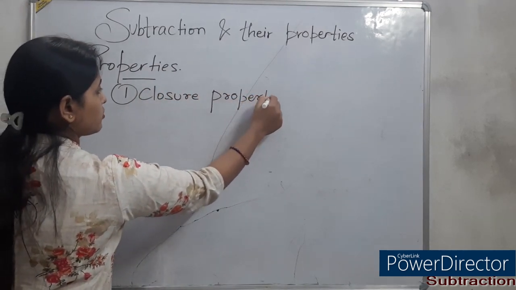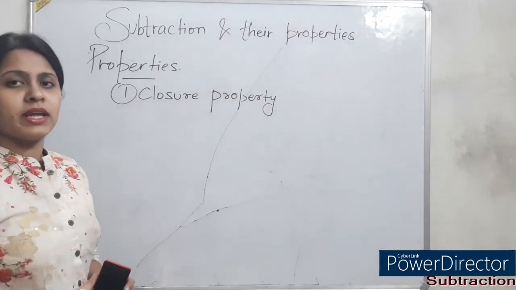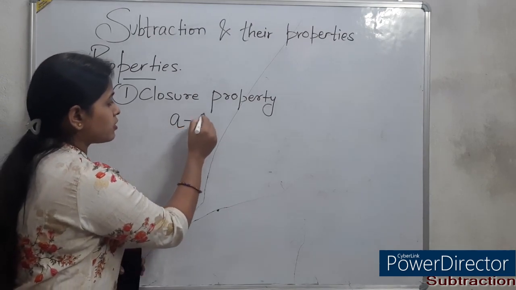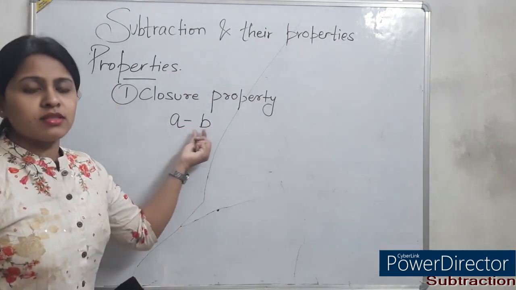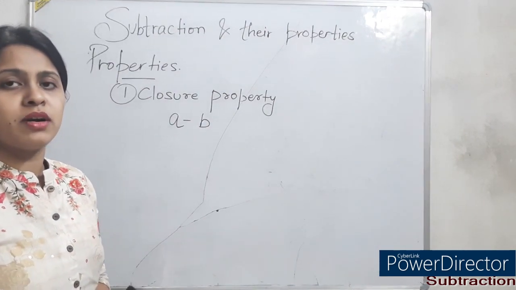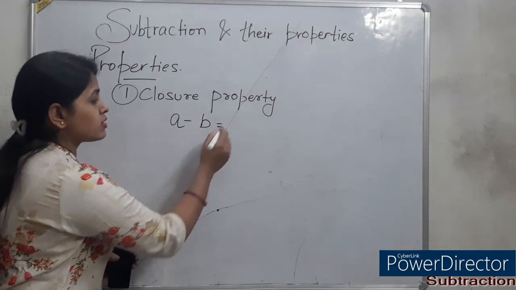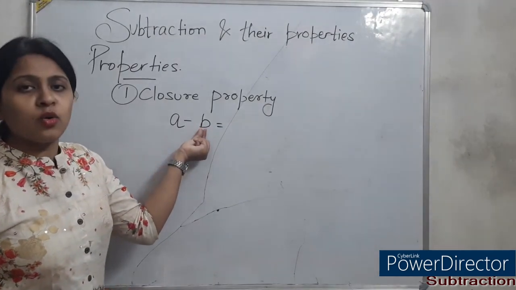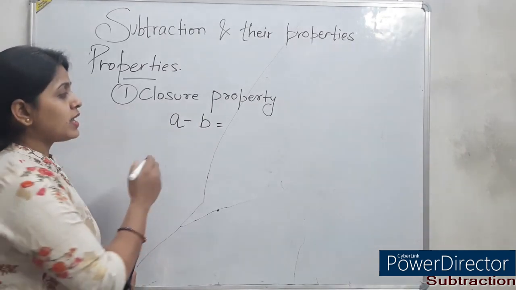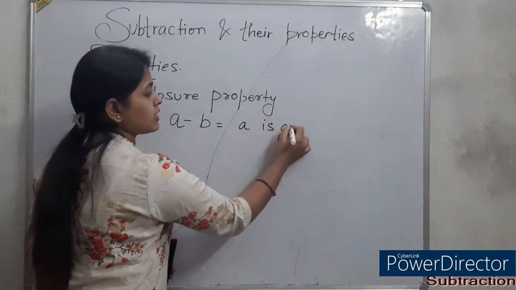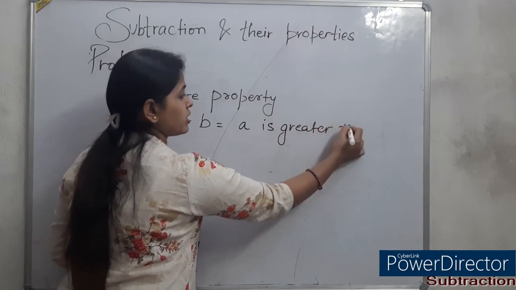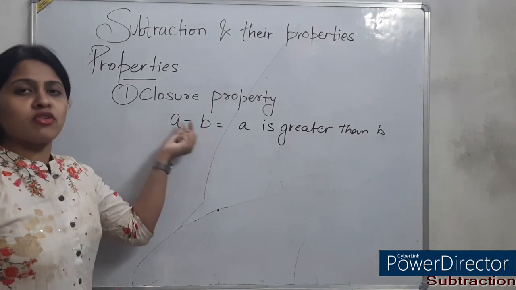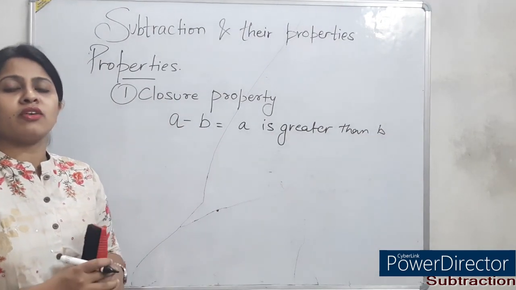When we subtract a whole number from another whole number, the result a minus b is not equal to b minus a. We can only subtract a whole number from another when A is greater than B. Here it is a condition: when A is greater than B, only then can we subtract B from A. This is the closure property of subtraction.